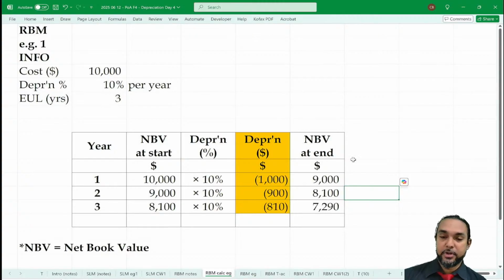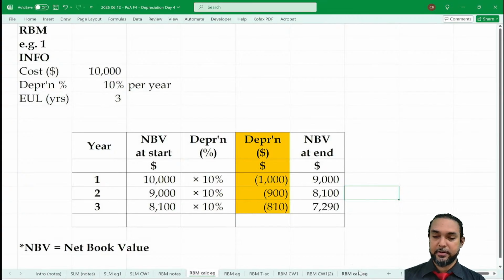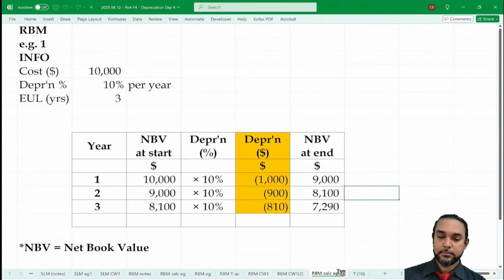Okay, so what I want to do is copy and paste this page down to this side here. I'm going to change the information on top.